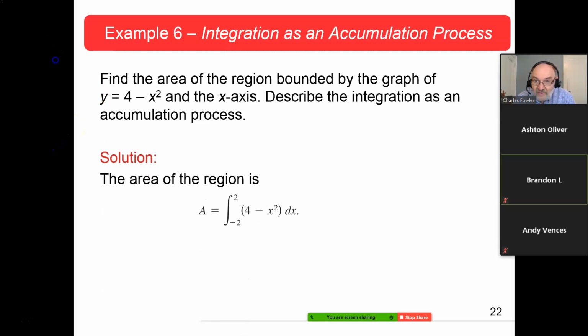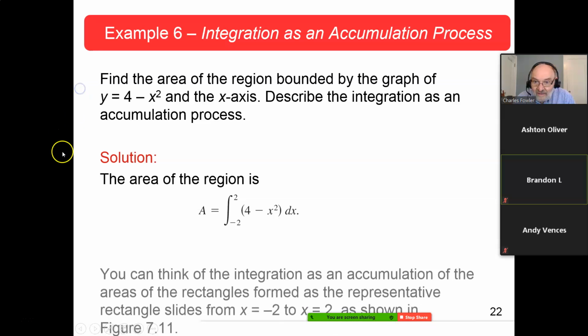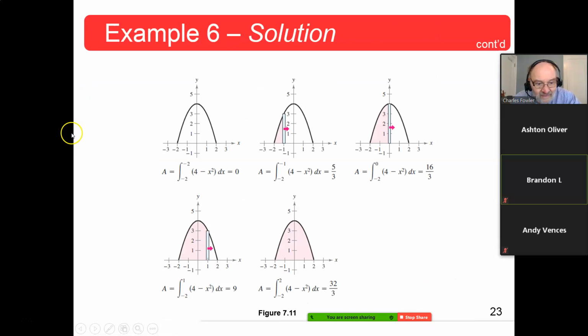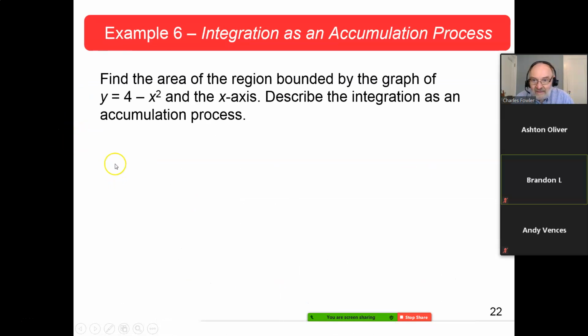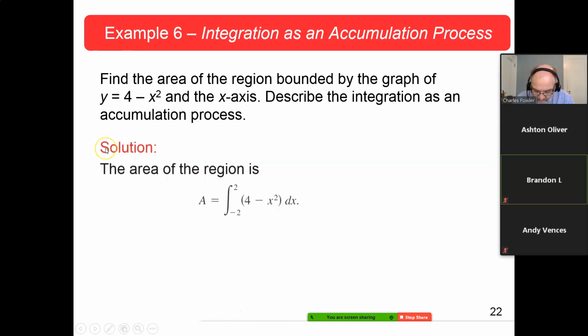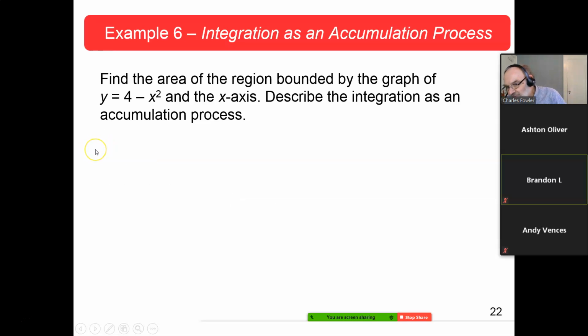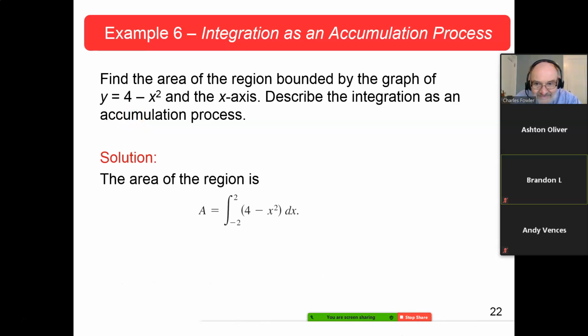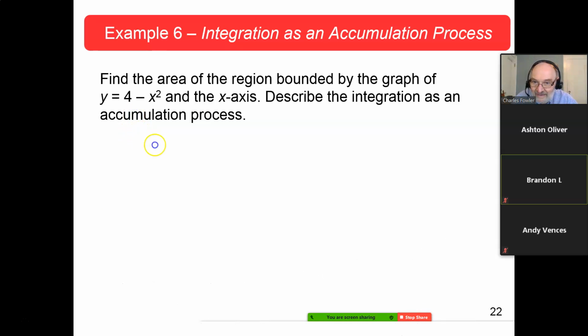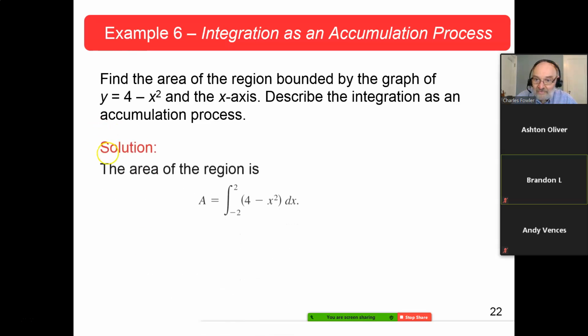Okay, does something shut off again? I don't know why the pen's not writing. Everything's turned on. Well, this is a mystery.